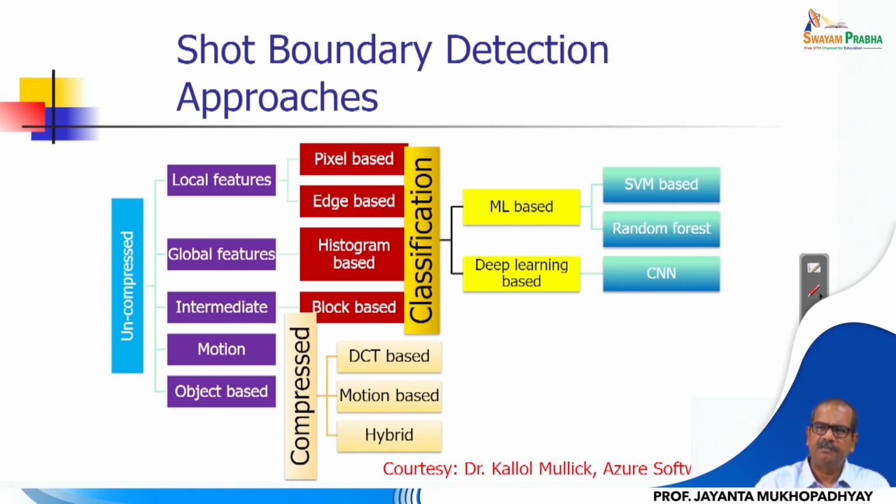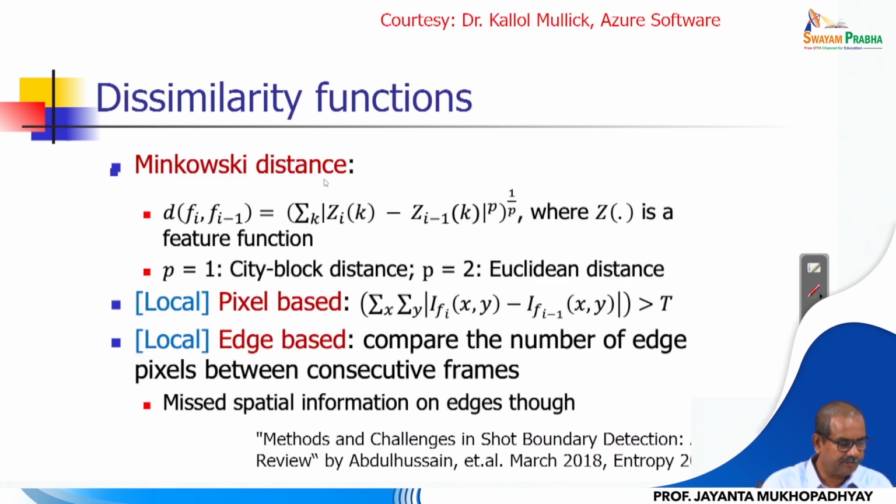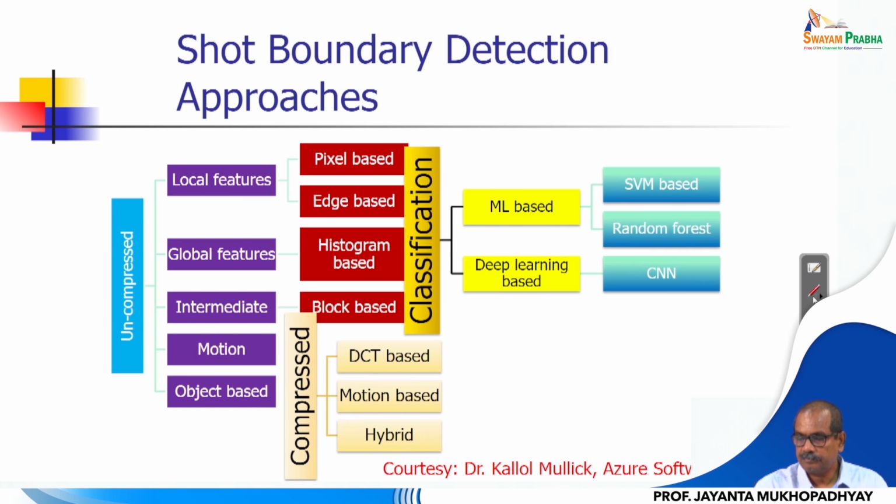Each frame, like an image, the way image descriptors are there, similarly you can have local features, which could be pixel based or edge based, or global features, which could be histogram based, or intermediate features, which could be block based.